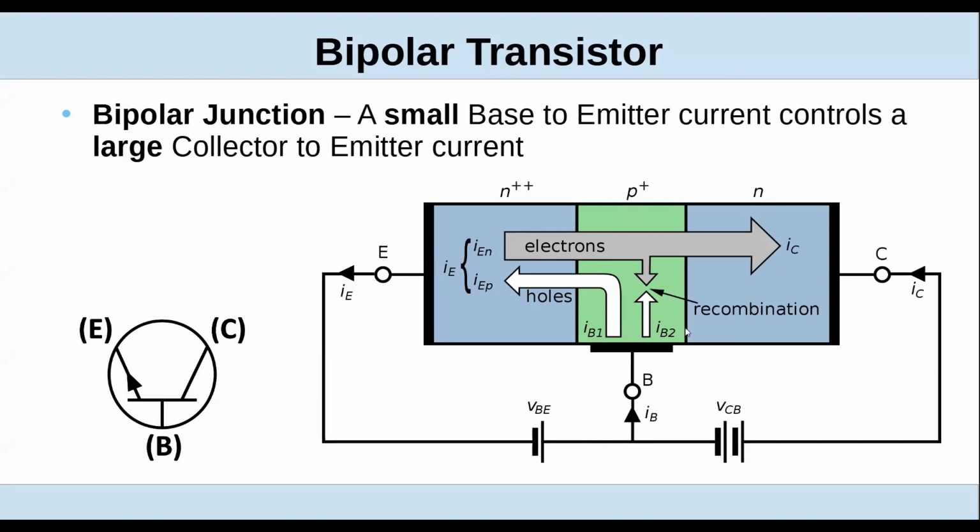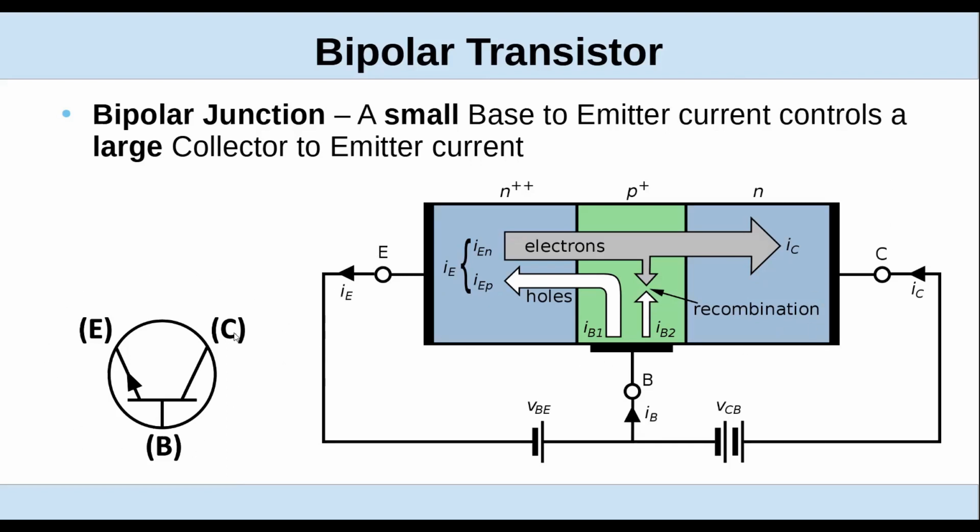And it's proportional to the amount of current going from base to emitter. But there's a gain factor of 100, 200, something like that. And that's what we use to make an amplifier, take advantage of that gain.